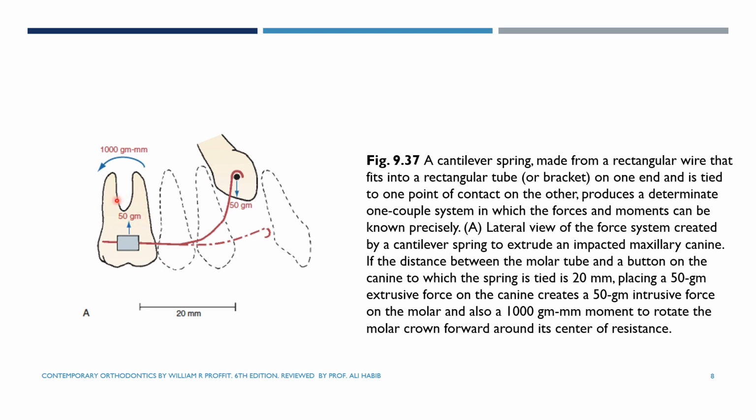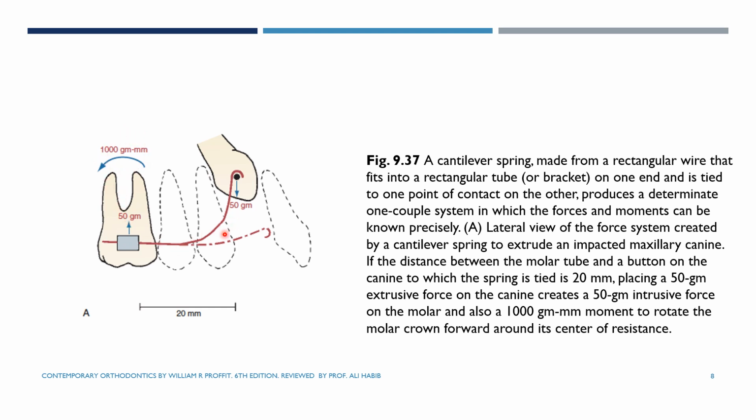So the posterior tooth will feel 1000 gram millimeter counterclockwise moment in this view. So the roots will tip back in this system. And if you have no anterior teeth, the molar will tip forward. So the tooth will experience a couple in the amount of 1000 gram millimeter.